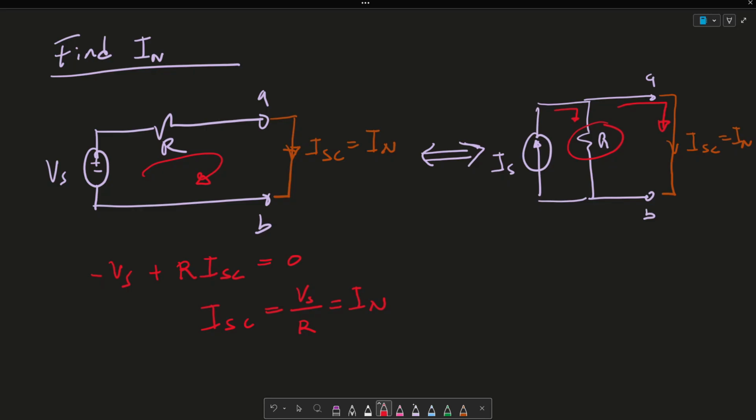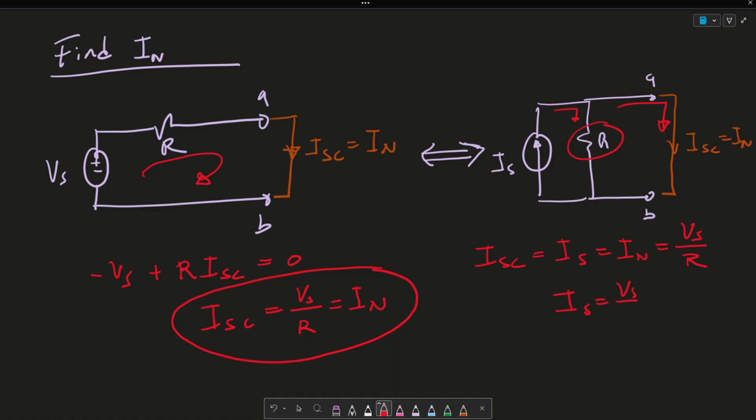So essentially, I short circuit is equal to IS, or I source, which is also equal to I Norton, which from this equation here is equal to VS over R. Or simply put, IS is equal to VS over R, or VS is equal to IS times R.